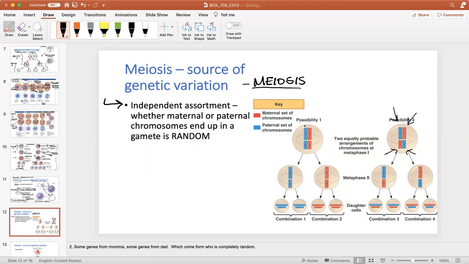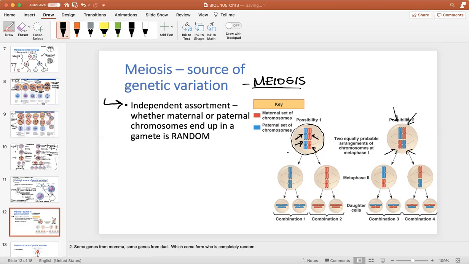Let's say that you are developing gametes, whether you're male or female, maybe you're developing an egg or maybe you're developing a sperm, okay? You've got this set of chromosomes from mom here in the red, and you've got this set of chromosomes from dad here in the blue, okay?